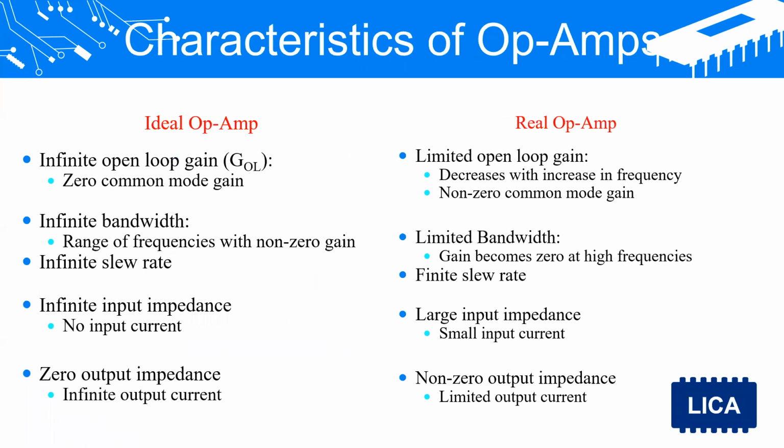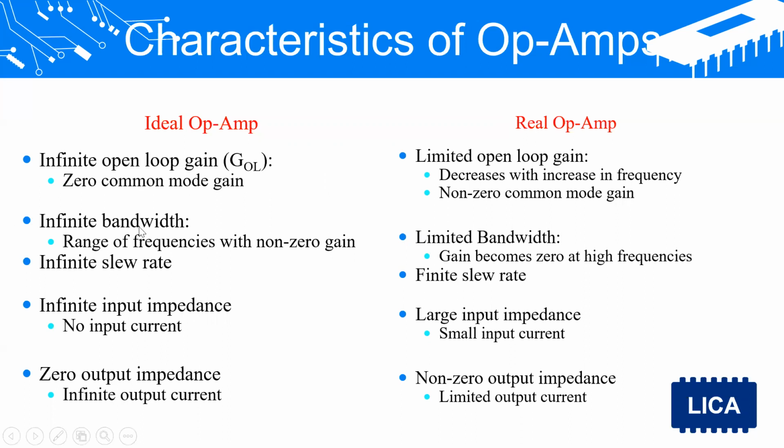So in this video, we will also discuss the characteristics of the op-amp, the difference between ideal op-amp and real op-amp. In the ideal op-amp, we have infinite open loop gain, and in a real op-amp, limited open loop gain.